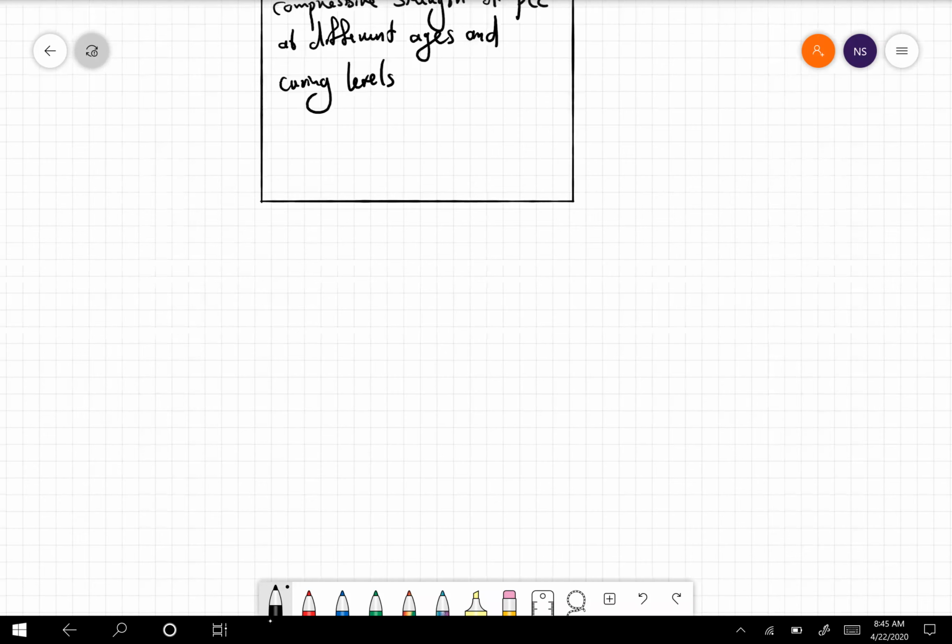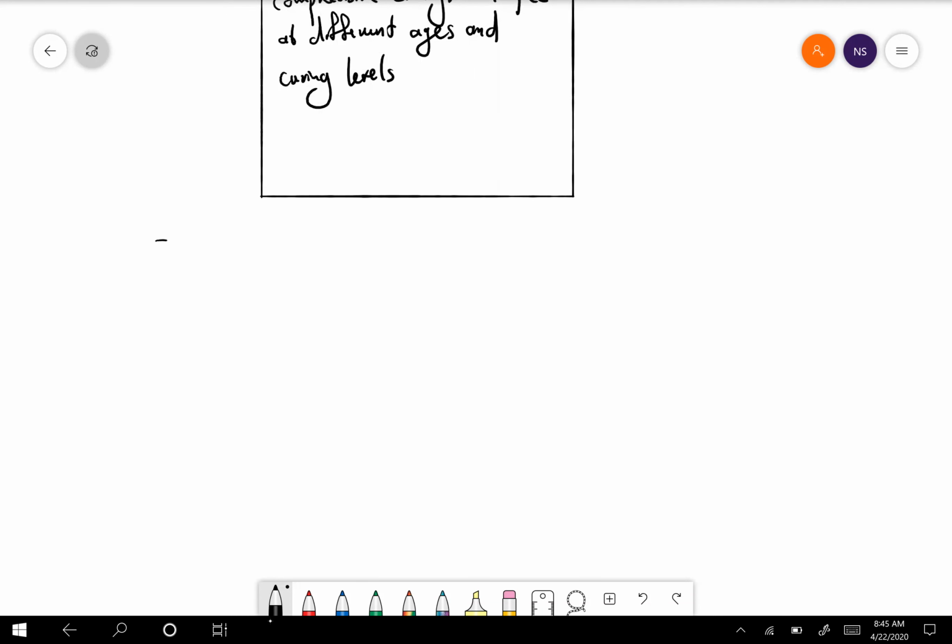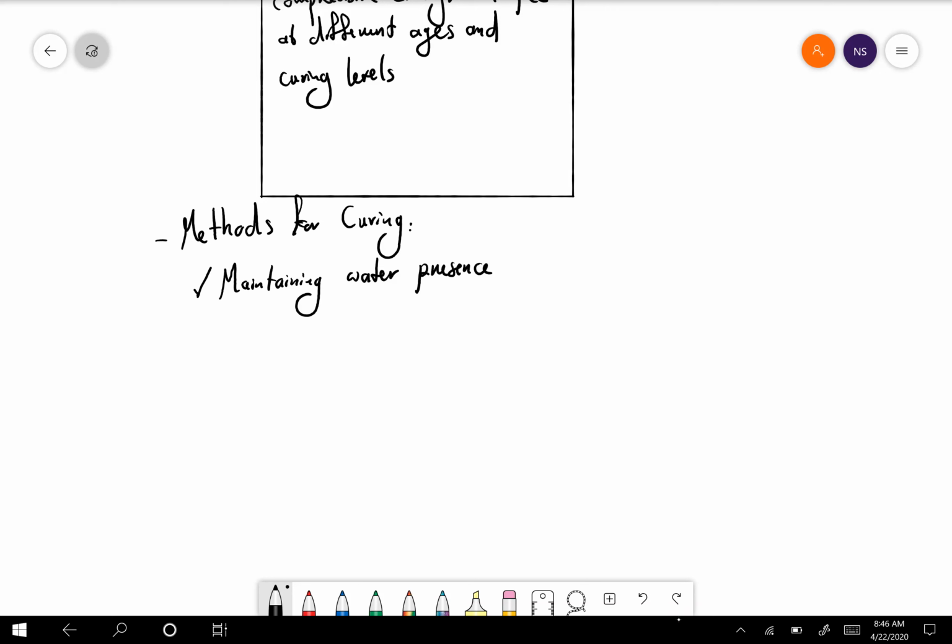And there are different methods for curing. You either maintain a certain level of temperature, or a certain level of water presence in the concrete. So maintaining water presence in the concrete.